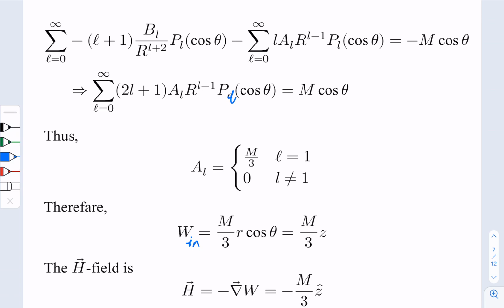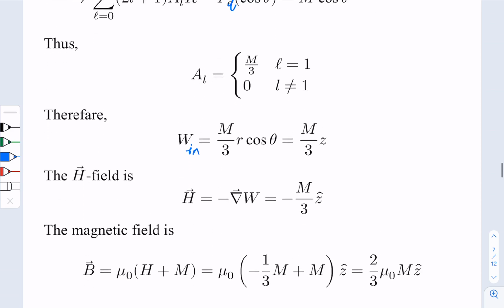But this is not the end of the story, because the W is not a physical quantity, so it's only a mathematical scalar potential, and to get the physical quantity we need to calculate the gradient of this W function, and that gives back the H field.